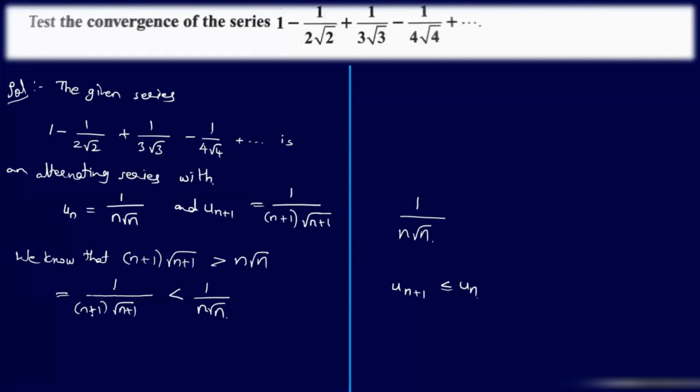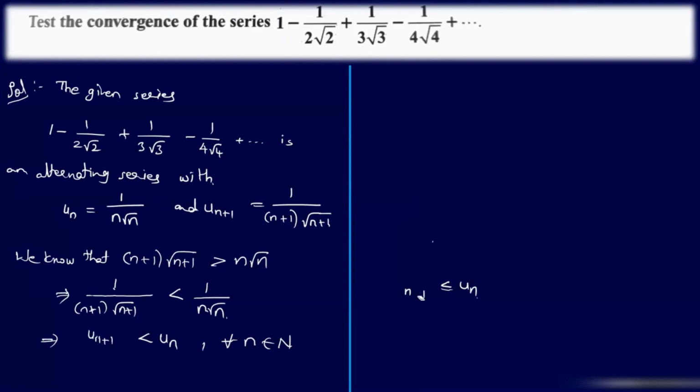So 1 by n plus 1 into square root of n plus 1 will be absolutely less than 1 by n root n. This implies that this is nothing but un plus 1, and it is clearly less than the nth term un, and this holds for all n belonging to the natural numbers. So the first condition is now verified already.